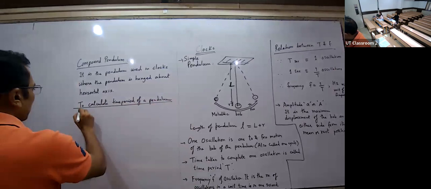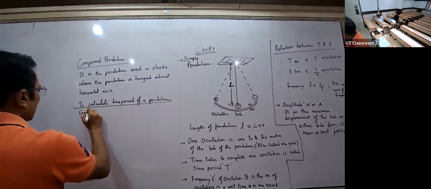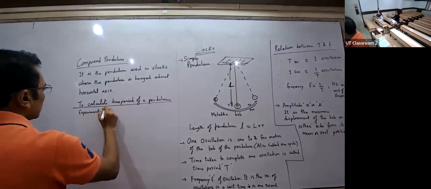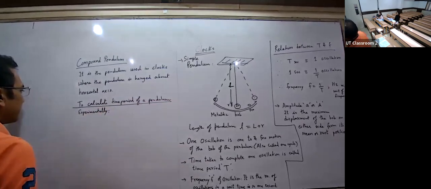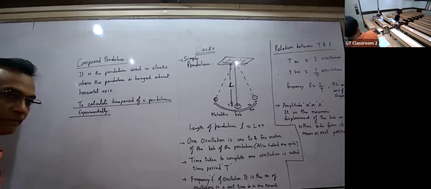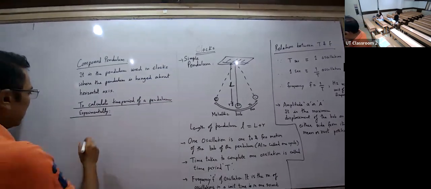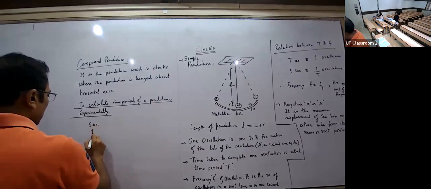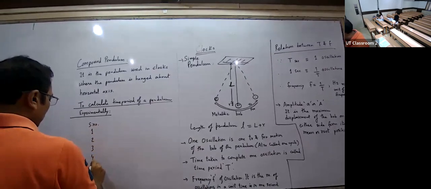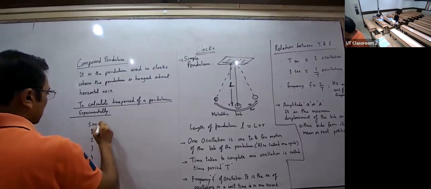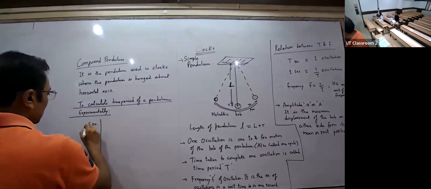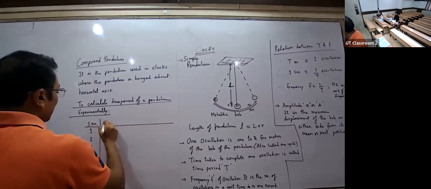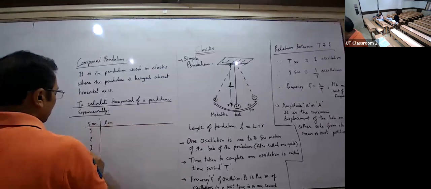How will we calculate it? By experiment. For that, we will take readings. So we'll have serial numbers 1, 2, 3, 4, 5, 6. We'll have the length of the pendulum in centimeter.